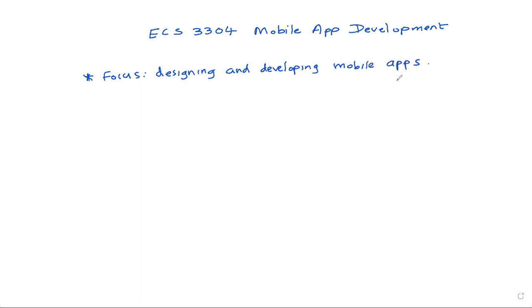So when we are reaching this goal, we will be learning about the following things. So basically the overview of what we'll be covering is that we'll be learning about the characteristics of mobile applications.